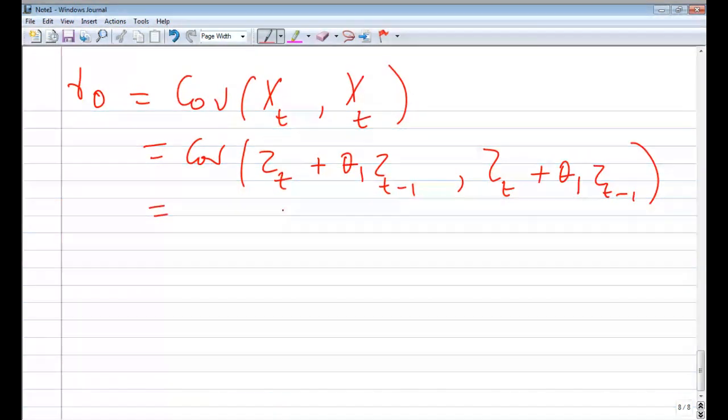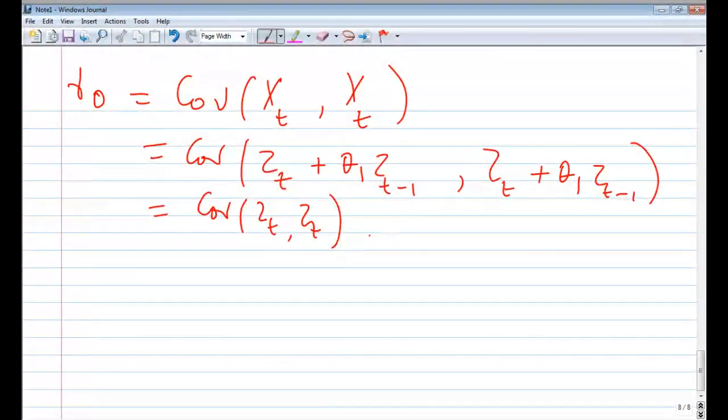So we take Zt and theta 1 Zt minus 1, with theta 1 Zt minus 1 and Zt. So you're going to have the covariance of Zt and Zt. Then you say plus. You take Zt and theta 1 Zt minus 1. You're going to have theta.